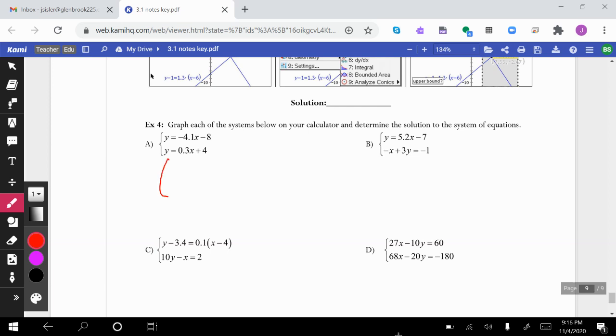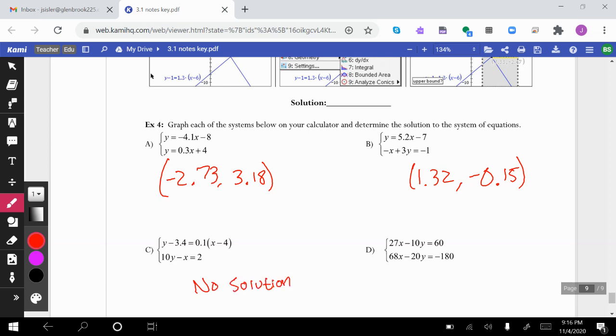Okay, so for A, you should have gotten negative 2.73 comma 3.18. For B, you should have gotten 1.32 comma negative 0.15. And then for these last two, you should have gotten no solution.